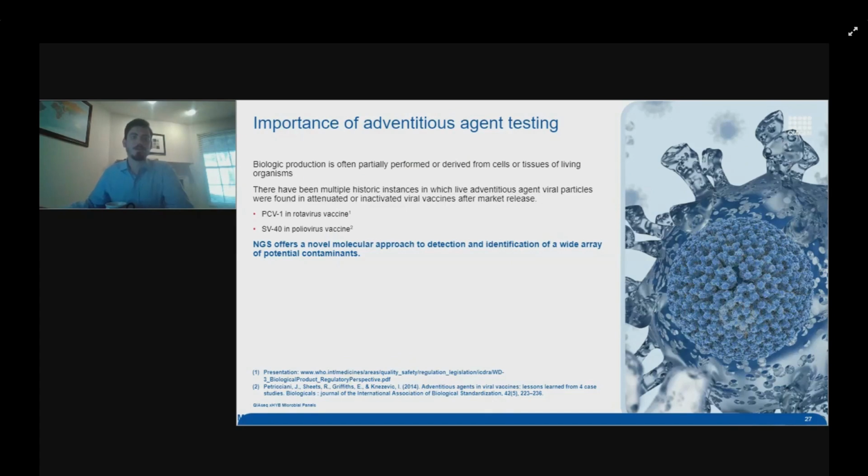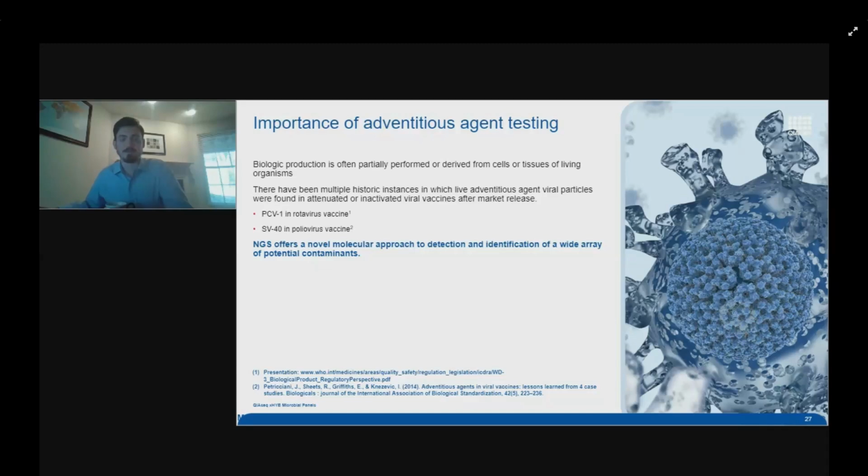So there was a point that PCV1, which is Porcine Circovirus 1, got into the rotavirus vaccine, and SV40 got into the poliovirus vaccine. And so a vaccine got distributed and injected to thousands, tens of thousands of different people, and it actually had present in it an animal virus that wasn't intended to be there.